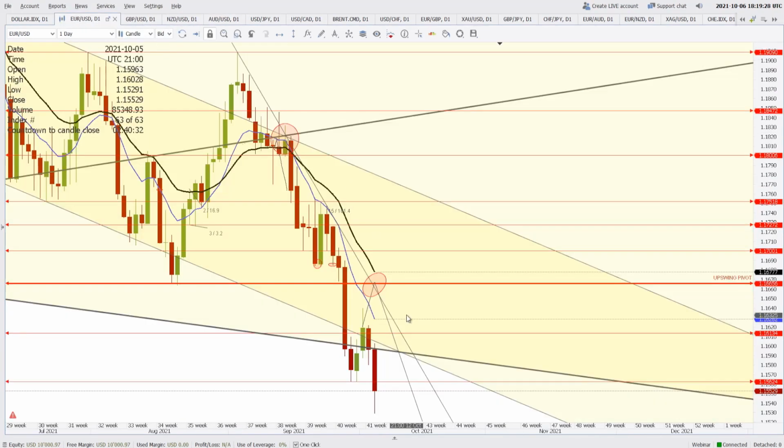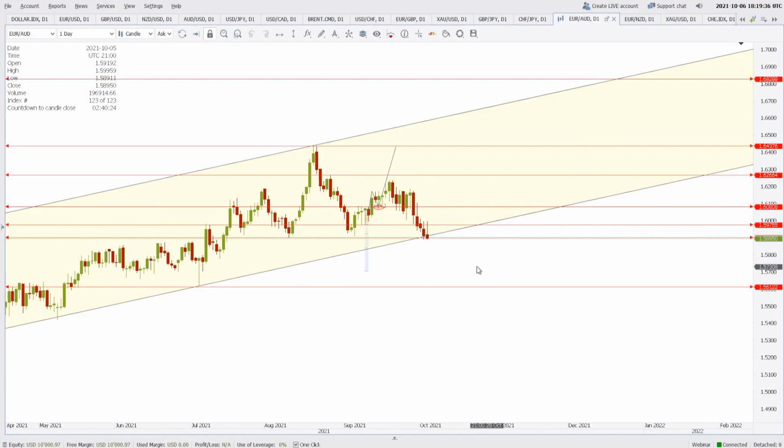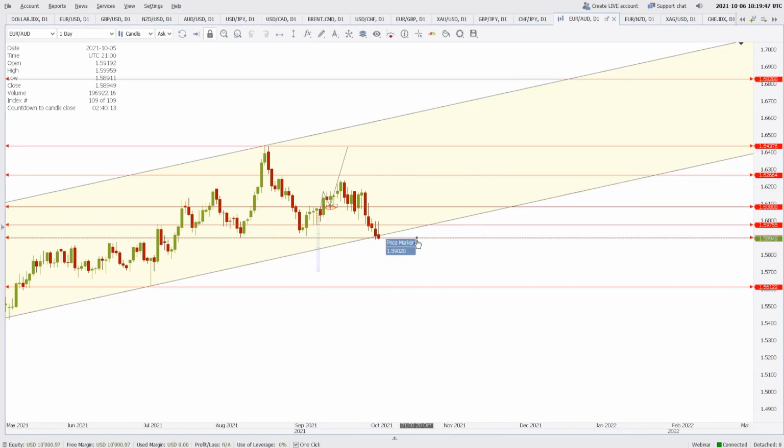But on the contrary, euro is looking much weaker, so that is why euro against the Australian dollar is looking much weak here. All right, I hope it gives you some idea about what to do tomorrow. So 1.5612 is going to be the next target for this pair if we see a close below 1.5902 today.